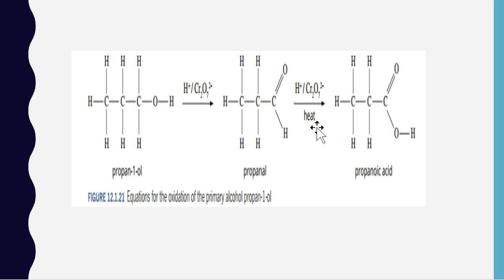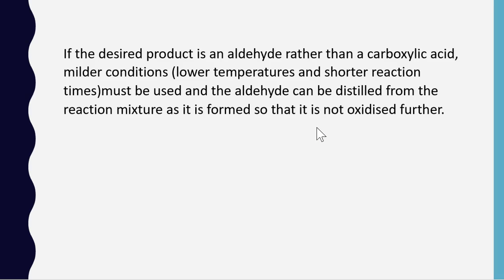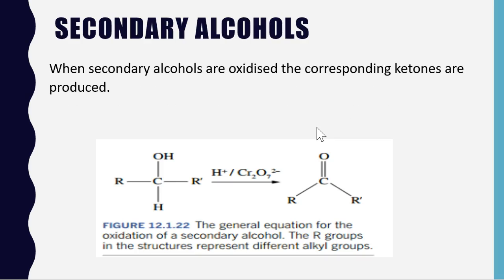So obviously, if we lower the temperature so that heat is not there, and even a shorter reaction time, if we change those conditions, then that can be stopped at the aldehyde stage. And if we actually distill it and remove it from the reaction mixture, that way then we're preventing it from being oxidized further.